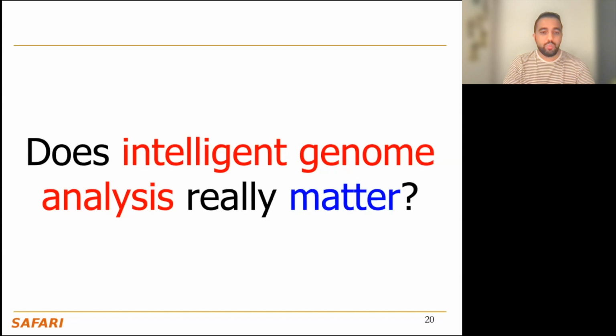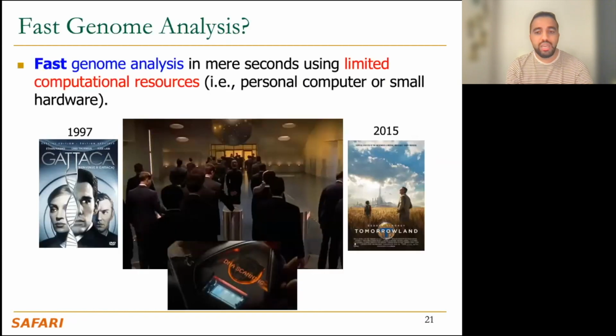Okay, now, given the definition of intelligent genome analysis, does it really matter? You might have already watched these two movies, Gattaca and Tomorrowland. If you notice this smartwatch, where you just put your finger and in mere seconds it can analyze your DNA and figure out who you are based on your genetic material.